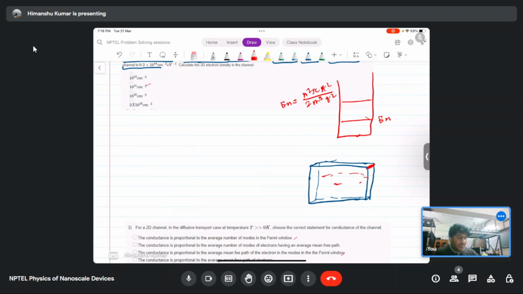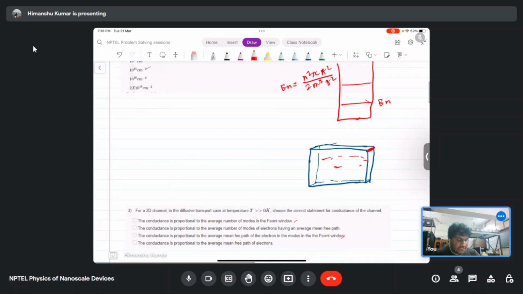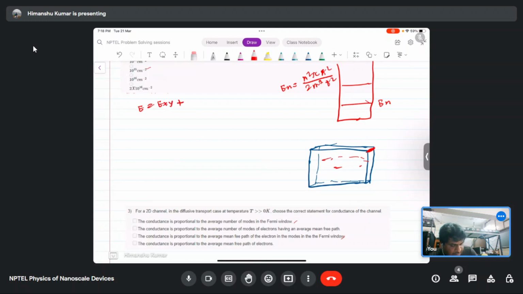So the total energy E will be E of xy plus E of t, the energy due to this confinement plus the xy part.